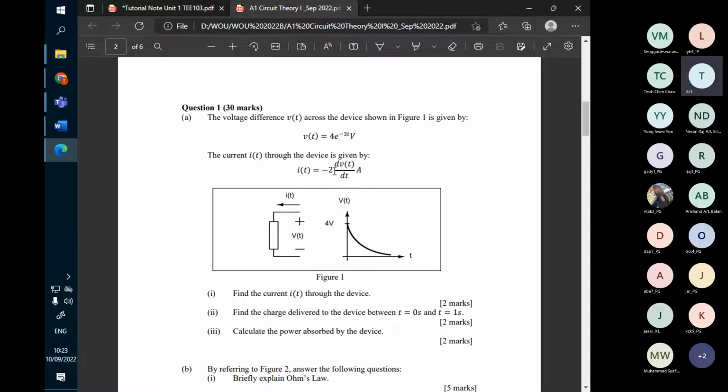So apparently this is the current. It looks like for the current we just need to take negative 2 multiplied by this part. The current is taking the negative 2, which is the constant value, multiplied by this value.